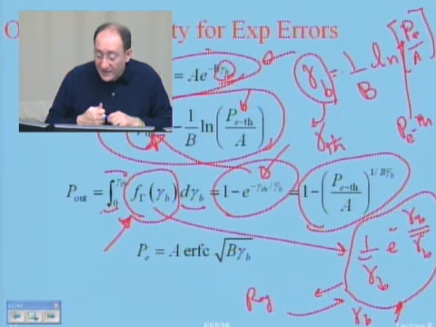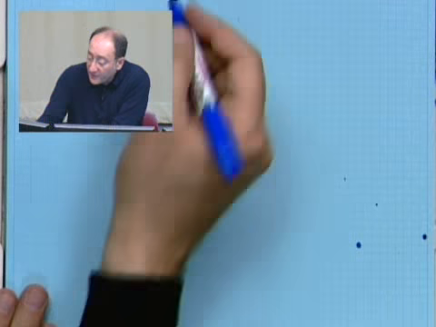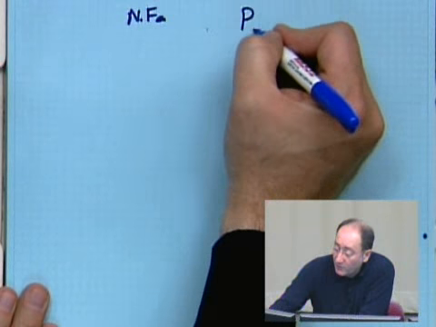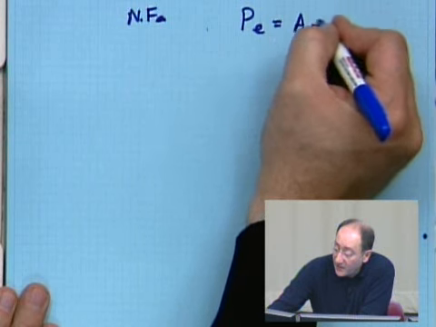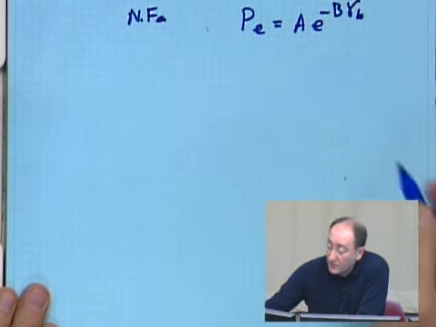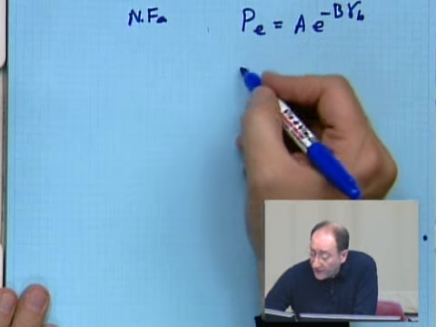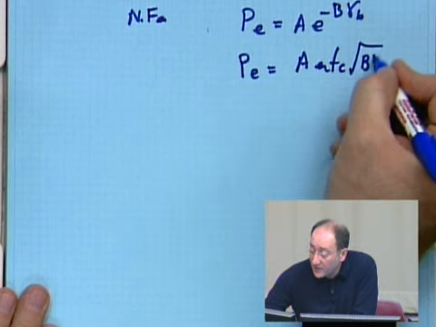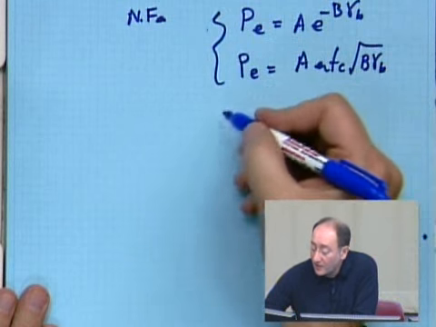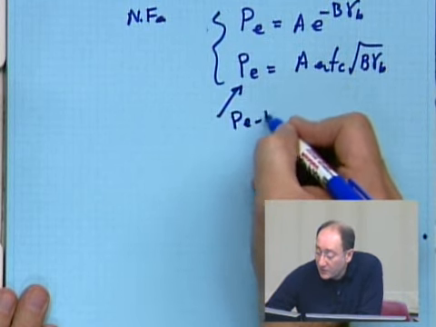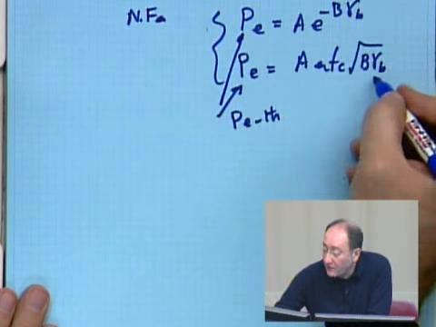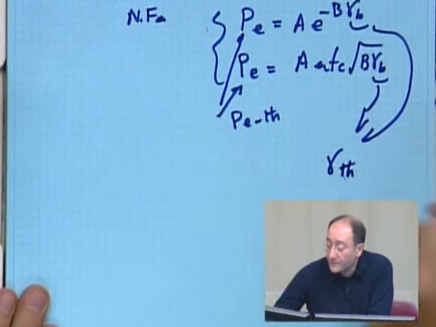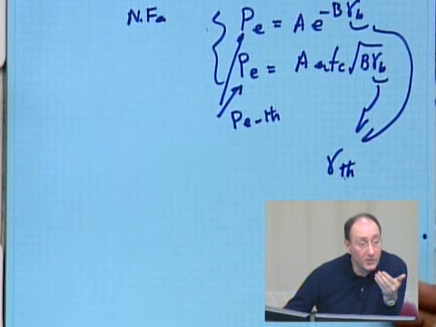But what I said in summary is that in non-fading, if your probability of error is something like A e to the minus b gamma sub b, or your probability of error could be something like A erfc of square root of b gamma sub b, whichever of these two it is, I put in here PE threshold, and based on that, I will calculate the gamma sub b that I will call gamma threshold. Then calculation of probability of outage is very simple.